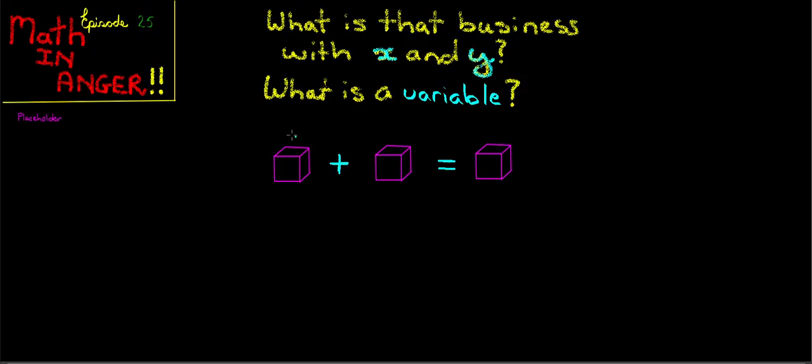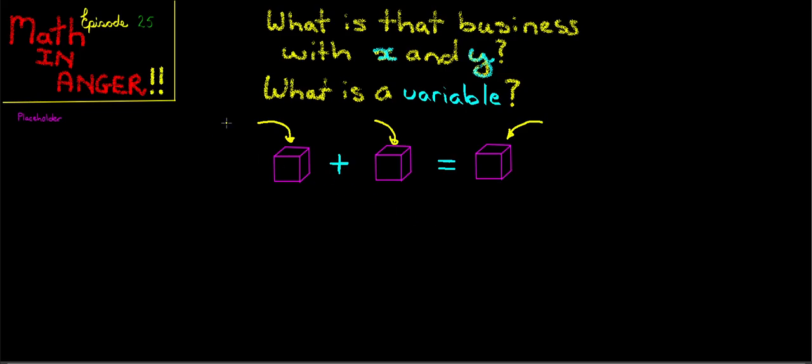I'm going to put a number in this box and a number in this box, and then you need to work out what they are when you've added them together and put that number inside that box.